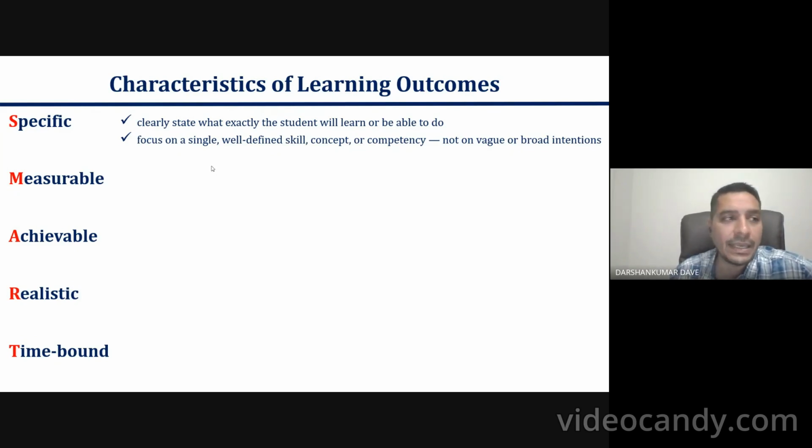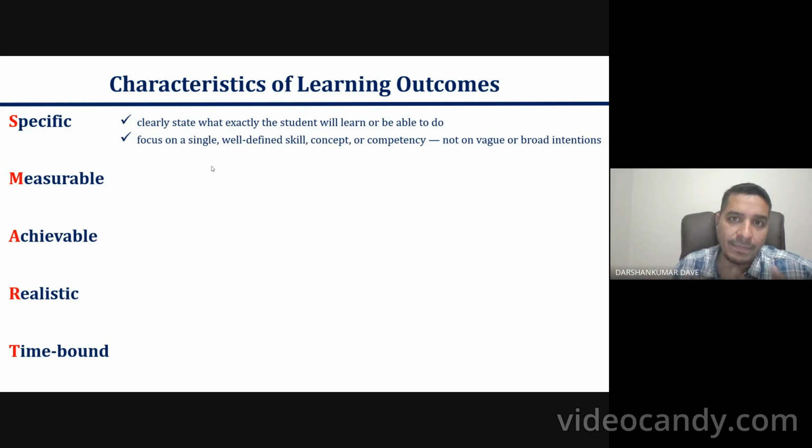For example, one can say, after the completion of my course, student will be able to analyze the causes of climate change using some real-world database. But if I say student will be able to understand the concept of climate change, that is very vague.